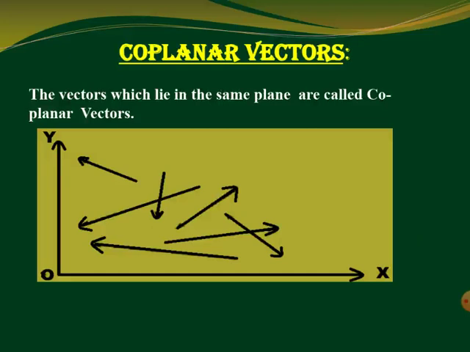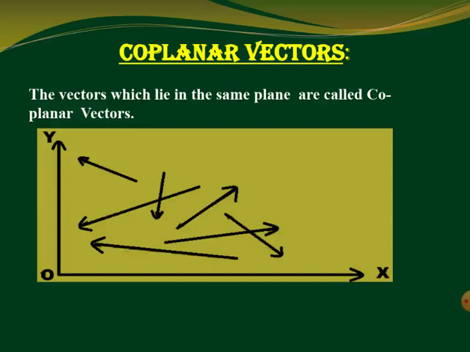Next is coplanar. Coplanar means two or more vectors that lie on the same plane are known as coplanar vectors. They may be of the same or different length; I mean, the vectors may have the same or different magnitude, or be in different directions, it doesn't matter.